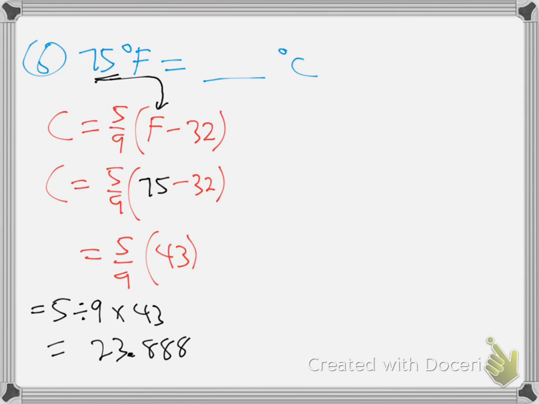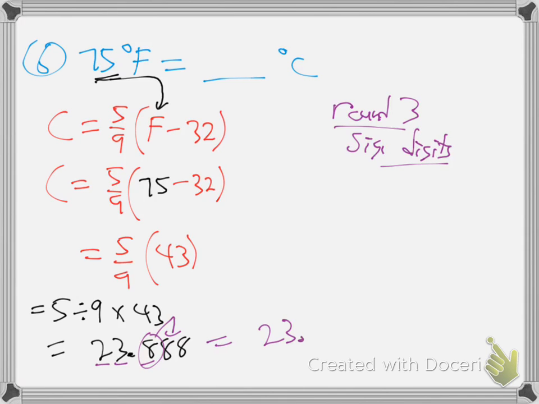Good, that coming out? And now how many? On this whole page it says round to 3 significant digits. So 1, 2, 3, that's the 8. Look 1 to the right. 23.9.